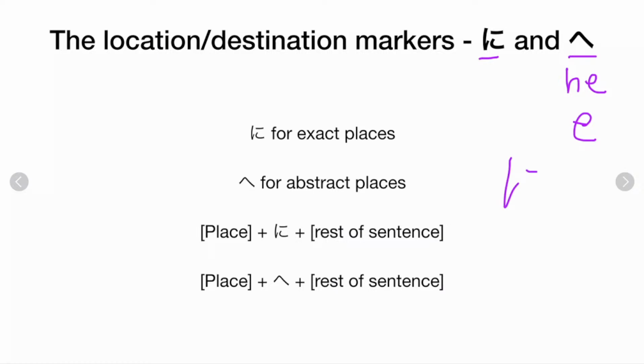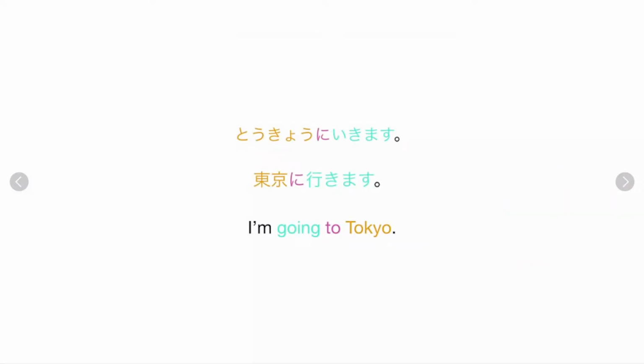In the same way that ha becomes wa, even though it's ha, he becomes e when it's used like this. So you'd use ni for exact places and e for abstract places. And the way you'd use it then is place ni or place e and whatever it is you're going to say. So let's see that in example.